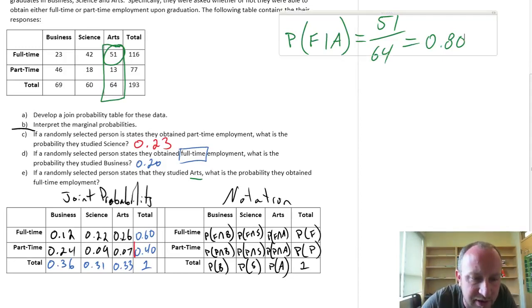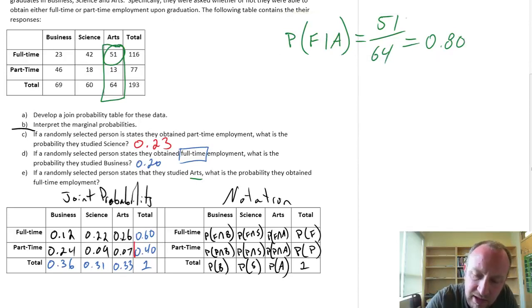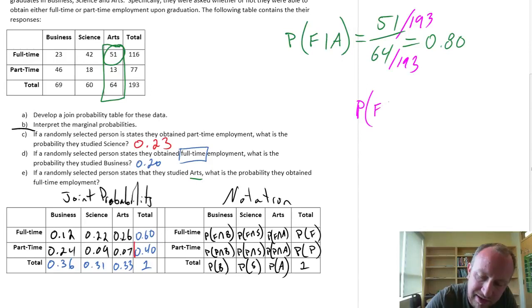Again, I'm going to go through this. You're going to be tired of this. If we divide by 193, that is my probability that you're full-time and arts divided by the probability that you're in arts.